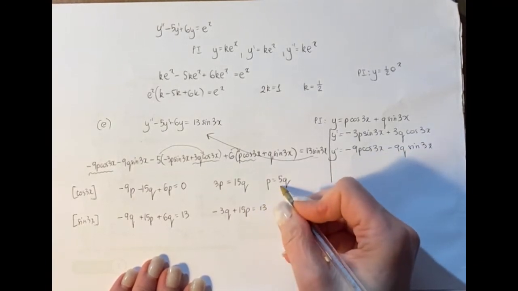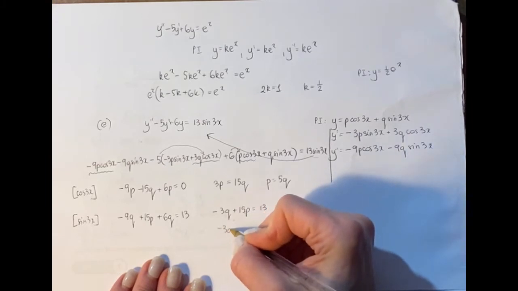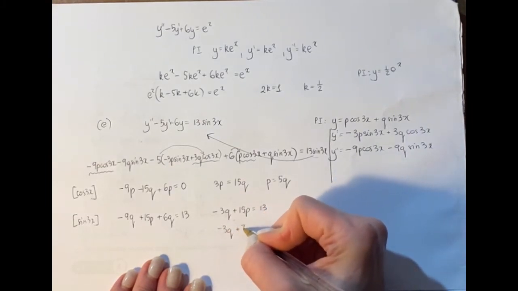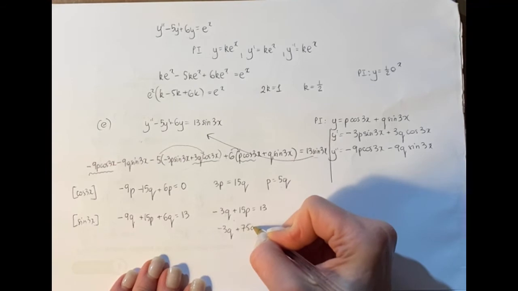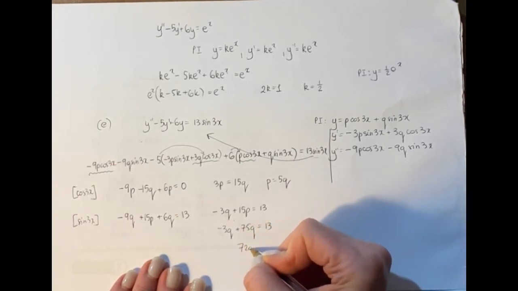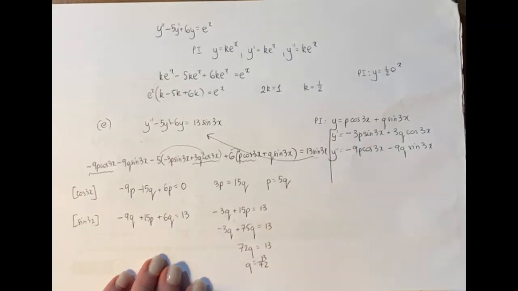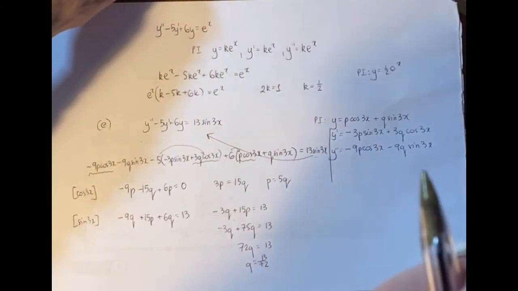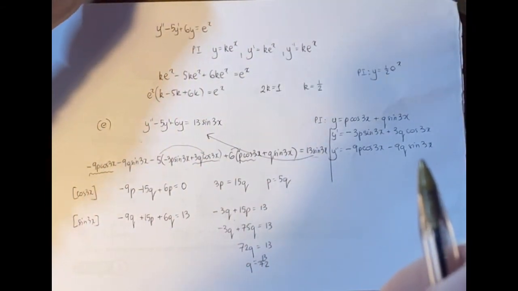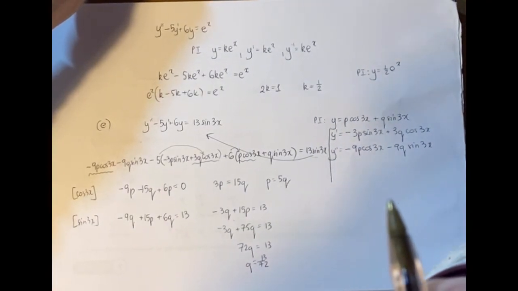So if I substitute 5q here, that gives minus 3q plus 75q is equal to 13. So 72q is 13, giving me q is 13 over 72. That doesn't look good. Let me just double check what I've done wrong here. Minus 9 plus 15 plus 6, that's correct.